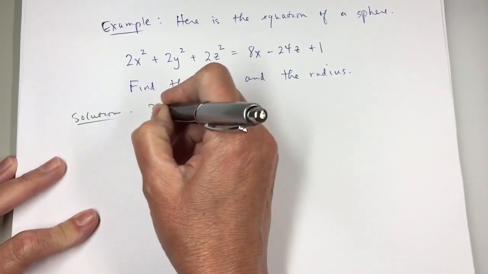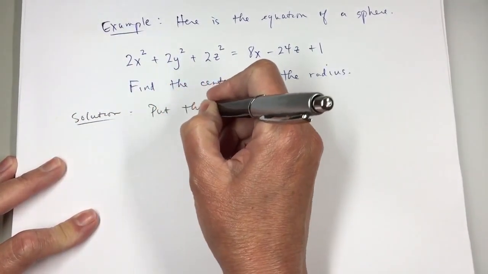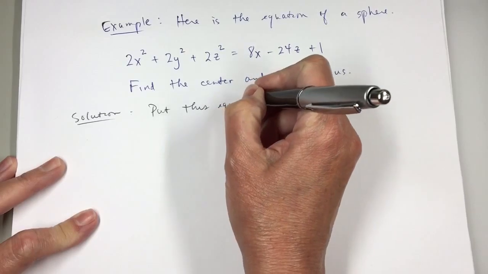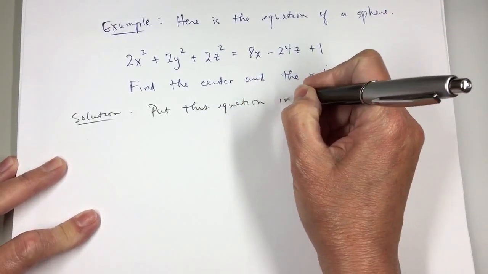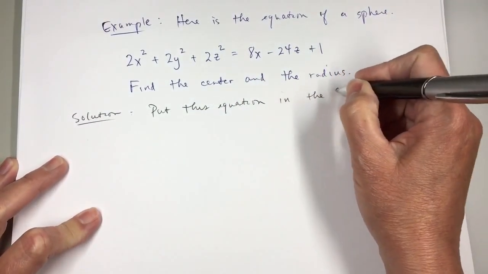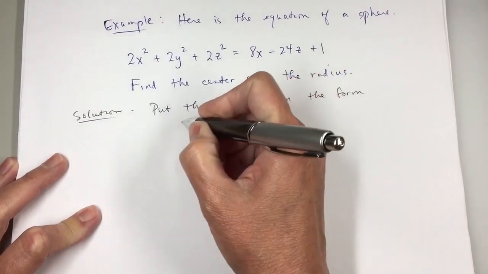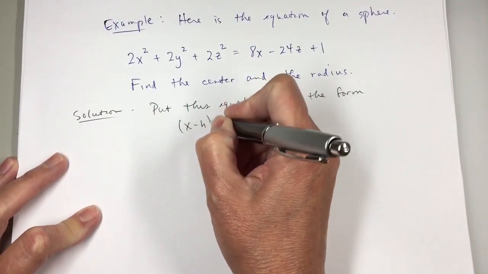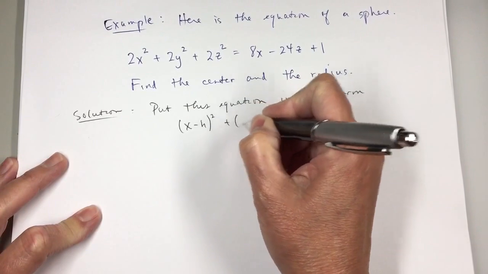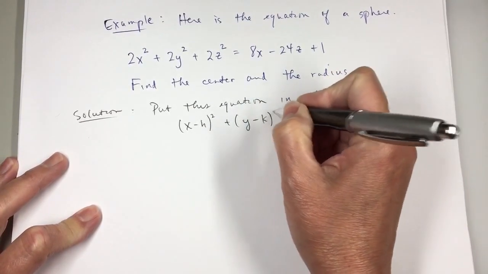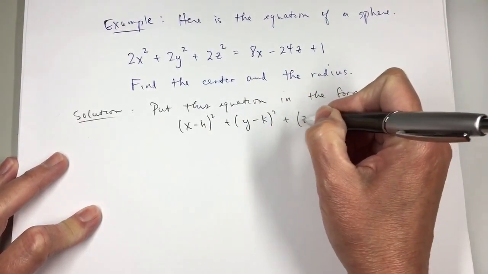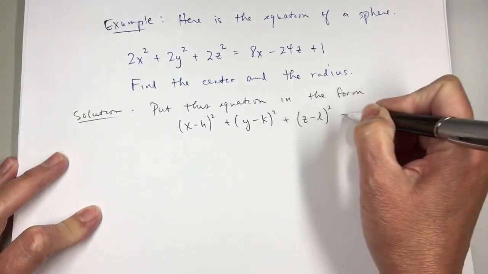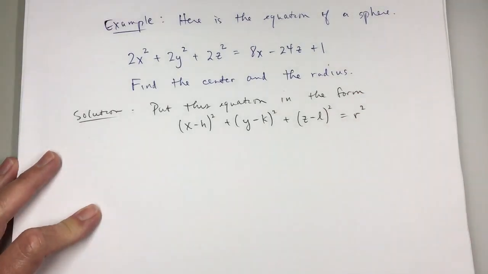I want to put this equation in the form, if it's possible, x minus h squared plus y minus k squared plus z minus l squared equals r squared.